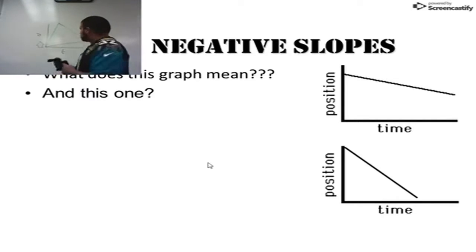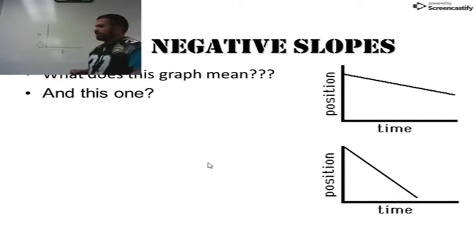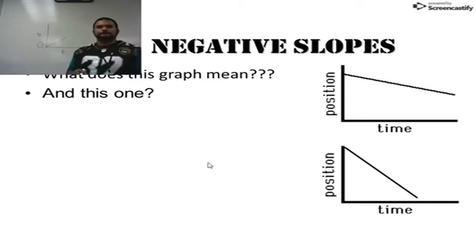Okay, so let's tell a story here, because you worked with displacement a little bit. So let's say you leave your house and you go to a restaurant. There you go.